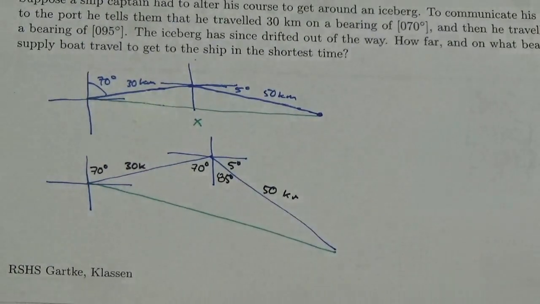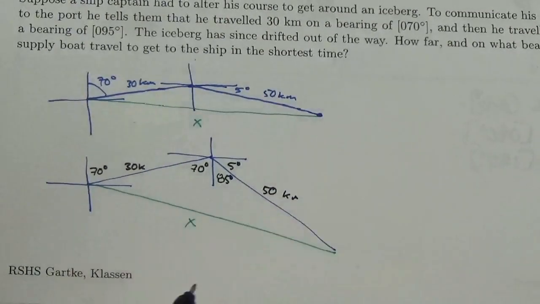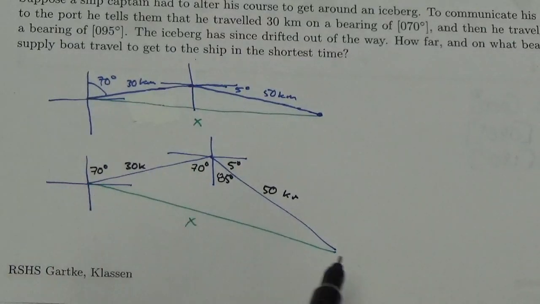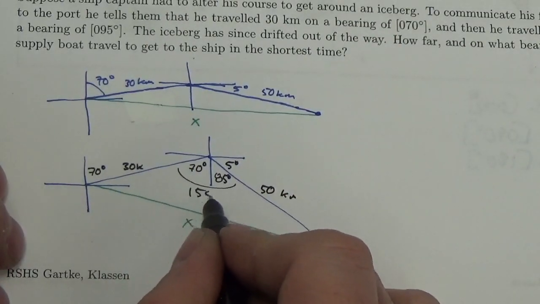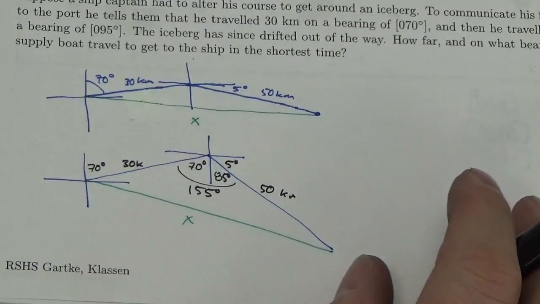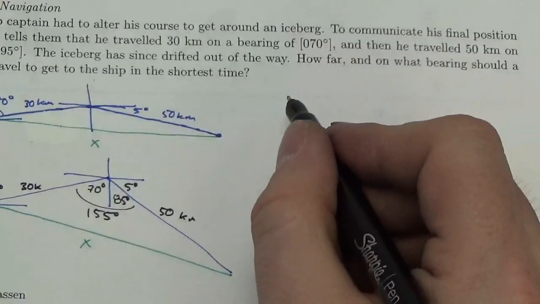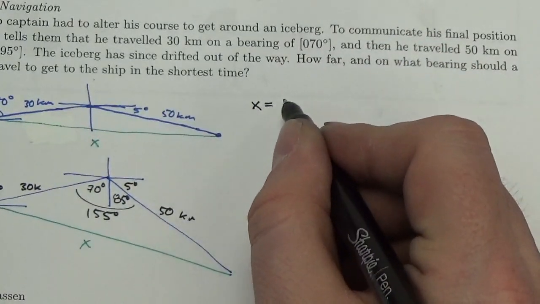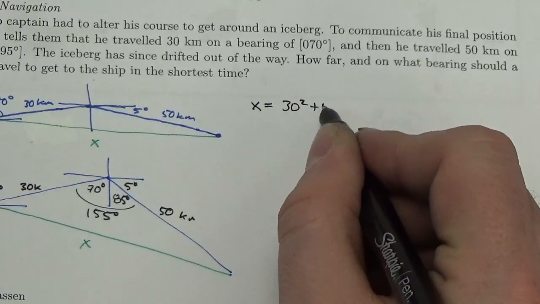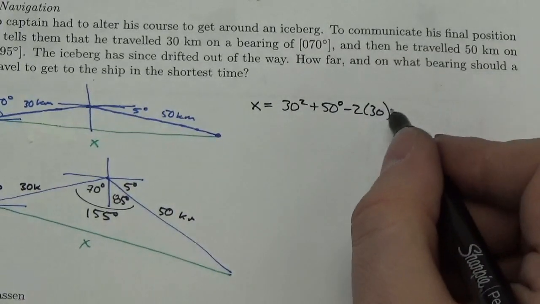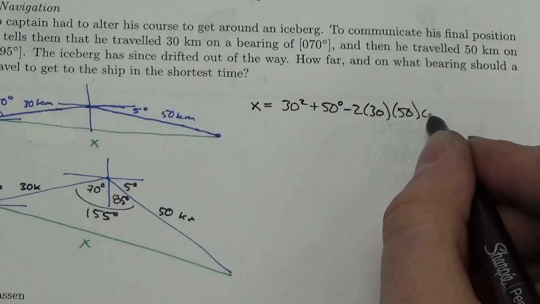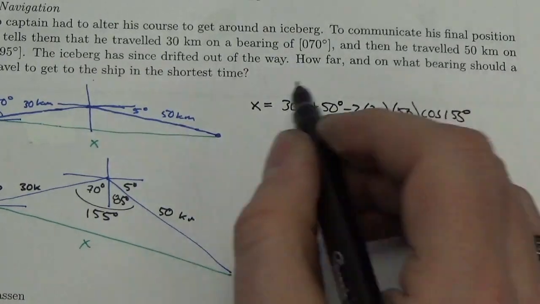So I'm going to use that to figure out what x is, the length of that opposite side in that triangle. So altogether, this is going to be 155 degrees. Well, now let's go to the cosine law. So x is going to equal 30 squared plus 50 squared minus 2 times 30 times 50 multiplied by the cosine of 155 degrees.